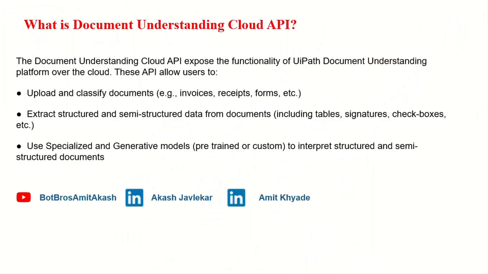The Document Understanding Cloud API follows the same approach, where we can use this API to upload documents and classify them, whether they are invoices, receipts or other document types. Then we can extract data from structured and semi-structured documents, including tables, signatures and checkboxes. We can also find information about the project, like which extractors and classifiers are there.